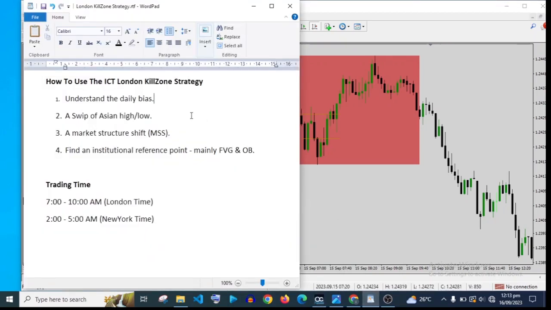If the bias of the day is a downtrend, then you have to watch out for a sweep of the high. But if your bias for the day is an uptrend, then you need to watch out for the sweep of the low. I hope you get it.